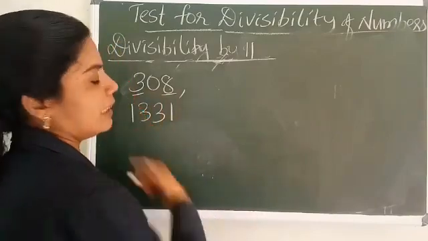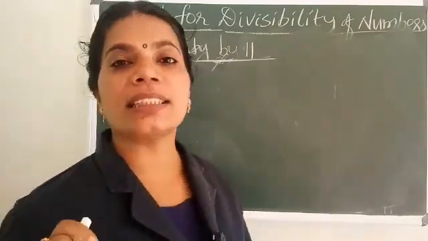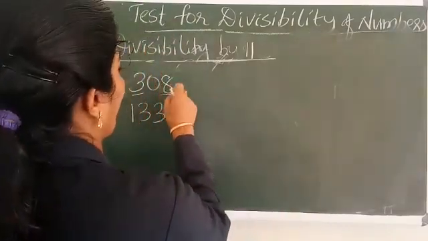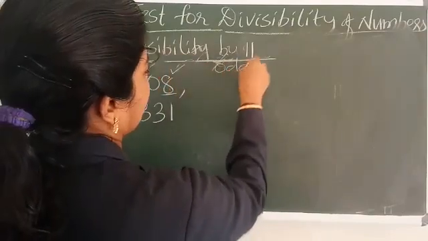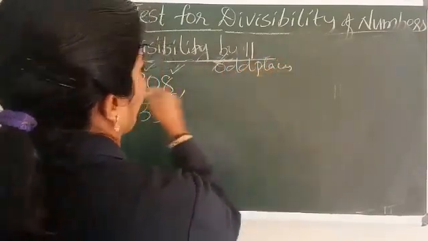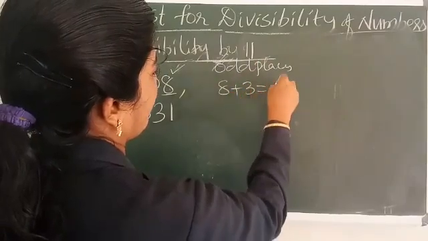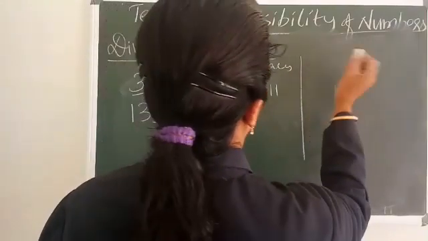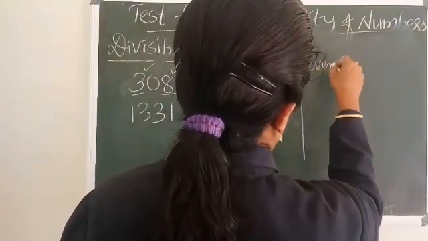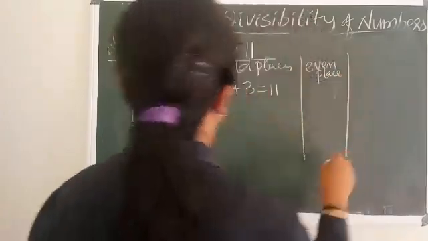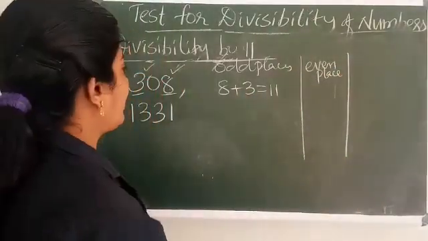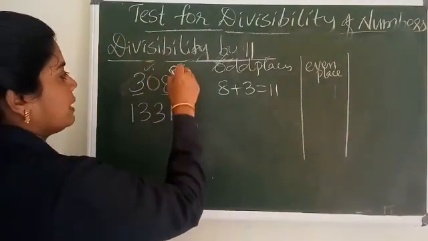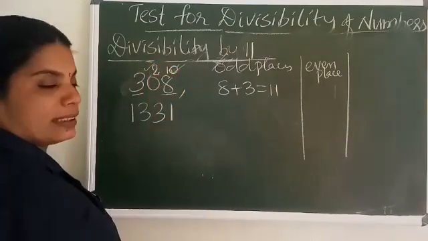Take the sum of the digits in odd places: 8 plus 3, which is 11. Also take the sum of the digits in even places. How do we count odd and even places? The ones place is the first place, odd. The tens place is even.